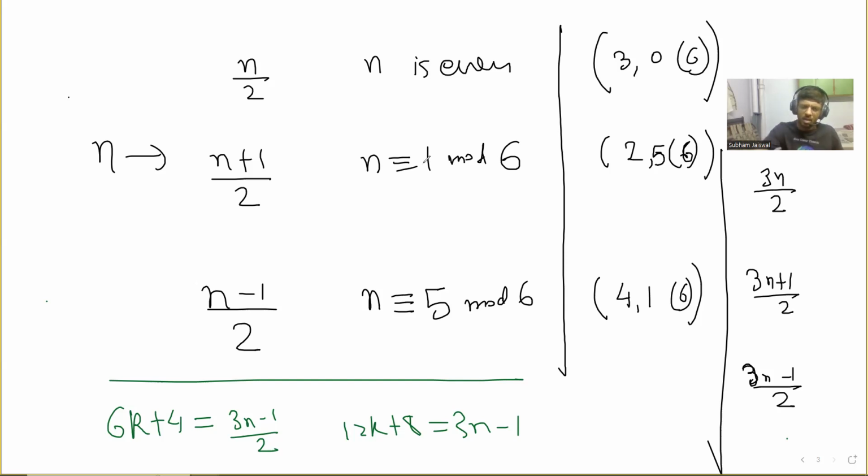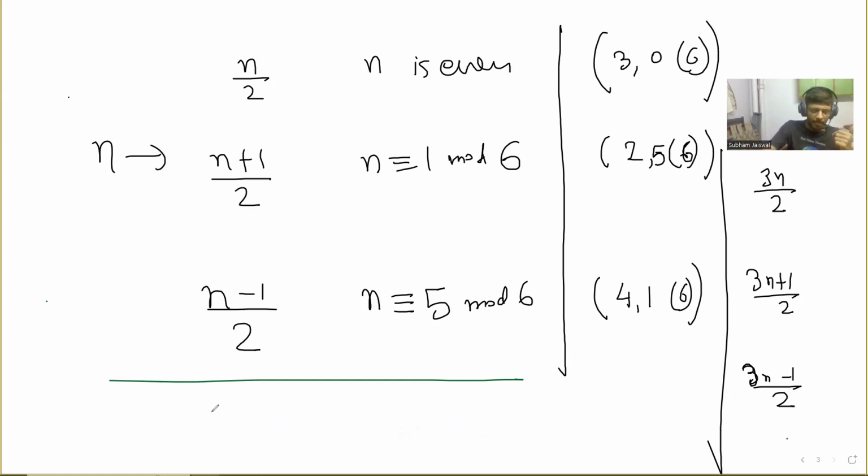No, because we are always dividing by 2. But let's see. Okay, so we have made a definition. I think we will be forced to complete this to a function in a certain way.